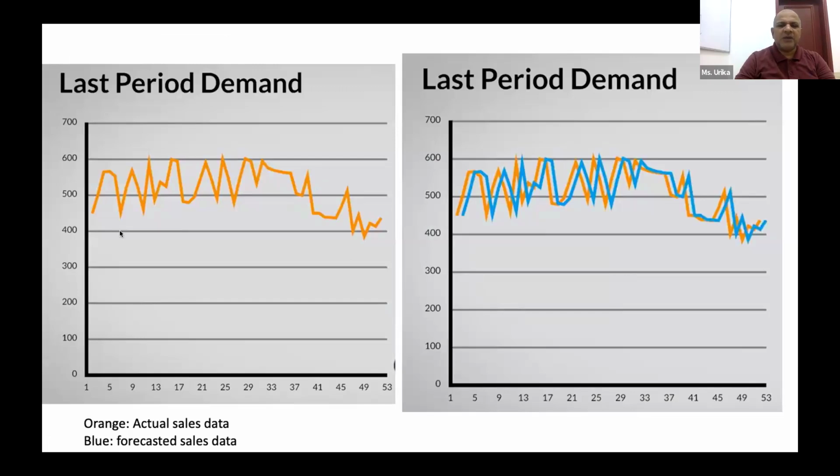What do you mean by last period demand? What is the last week's sale? You just copy this and follow it. You understand? So you're forecasting which one? The same way you forecast.